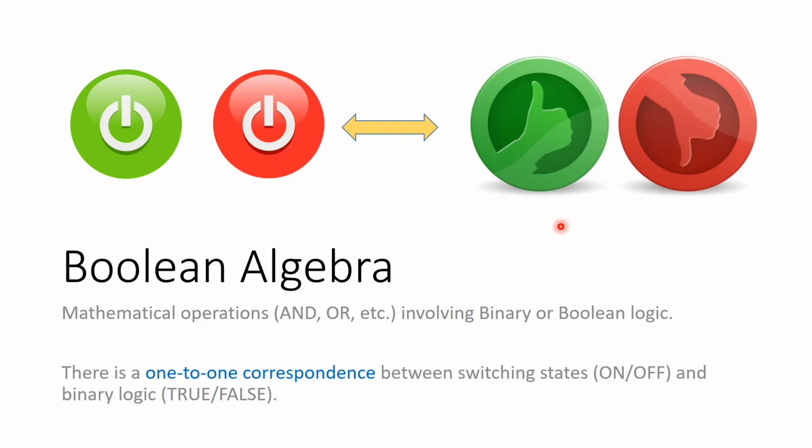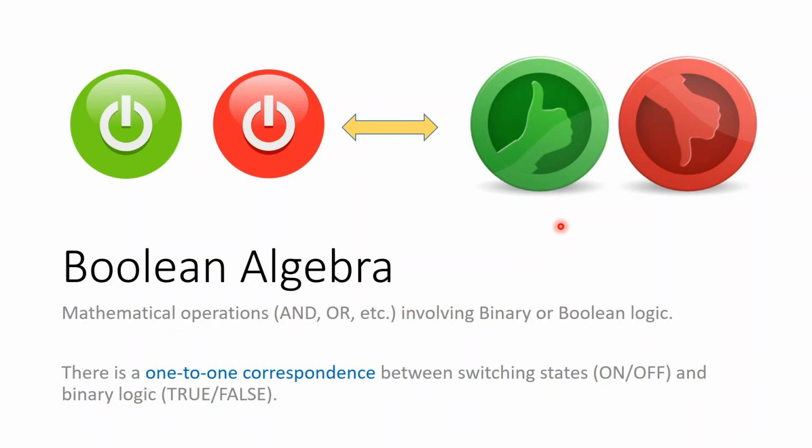Algebra is basically a mathematical system of manipulation of the elements in that system. So Boolean algebra is a system which is able to manipulate the elements within that system using the logical operators AND and OR.